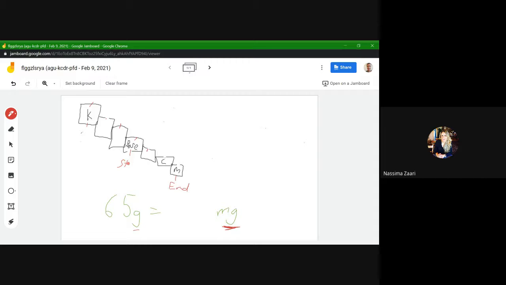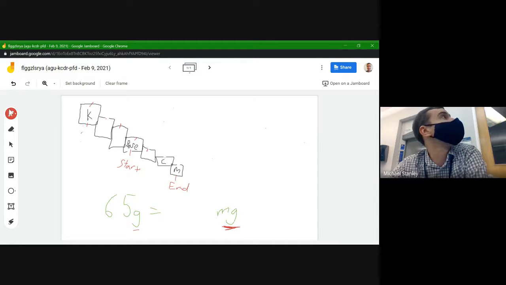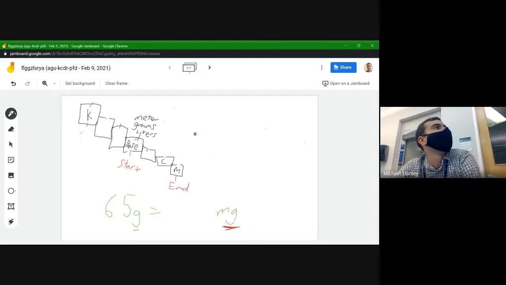So, Mr. Michael, I'm just confused about the base. So the base are like kilogram, right? The gram and... The base is for meters or grams or liters. So those are our base units.